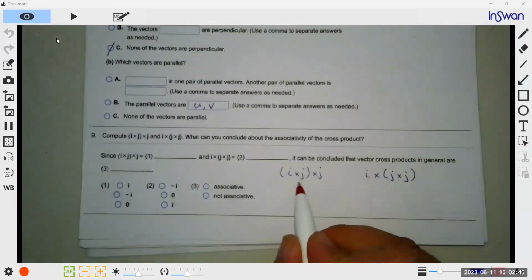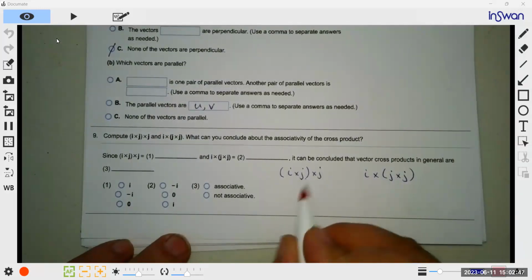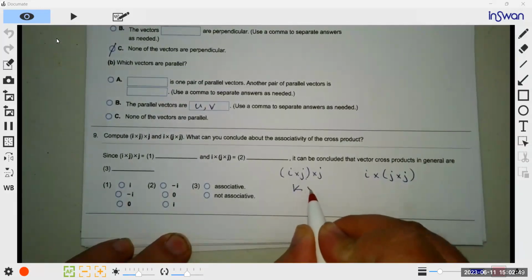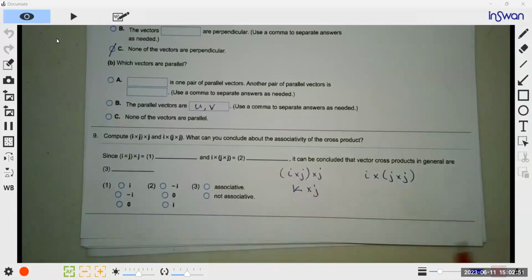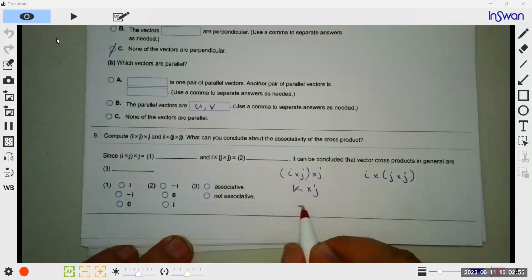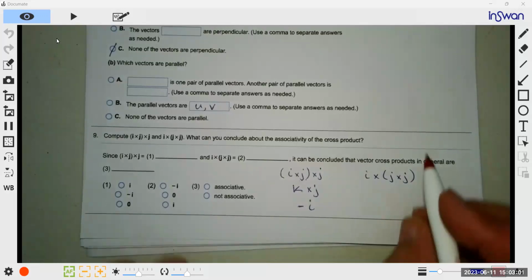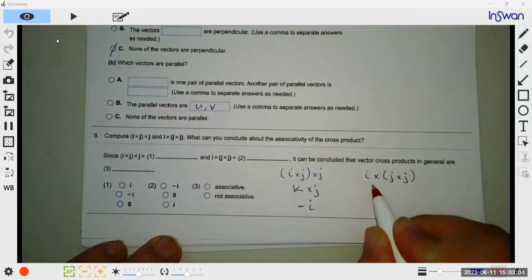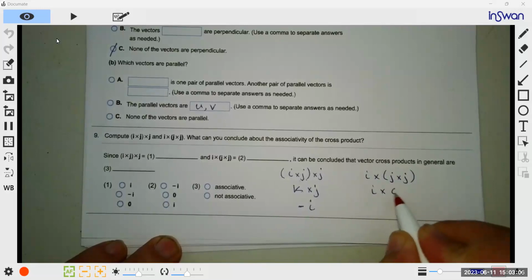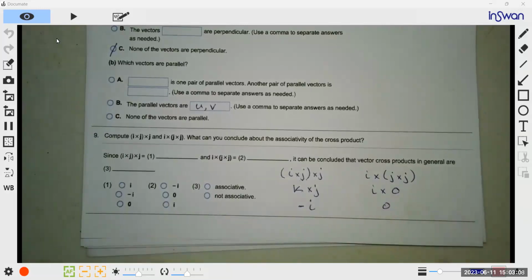So we have i cross j, that's the same thing as k. So k cross j is equal to negative i. Here we have j cross j is 0. Anything crossed with itself is 0.